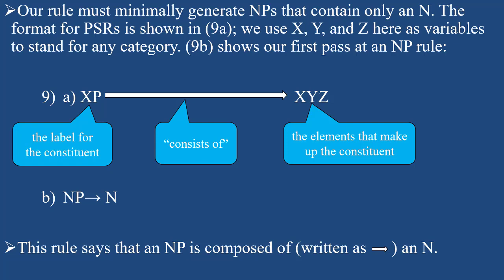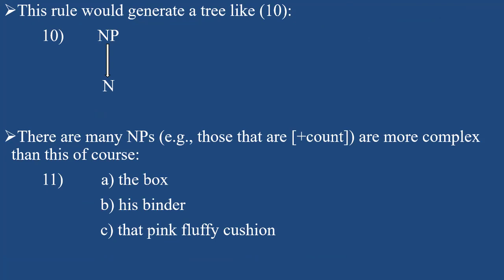This NP consists of one noun. This rule says that an NP is composed of, or consists of, a noun. This rule would generate a tree like the one in 10.